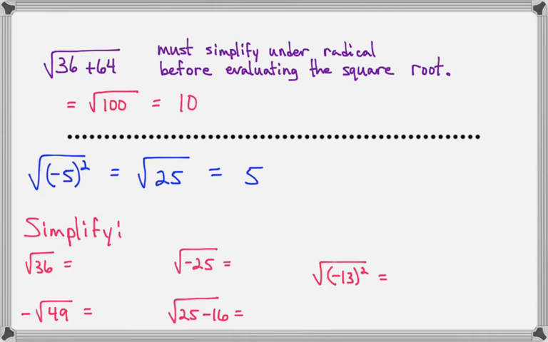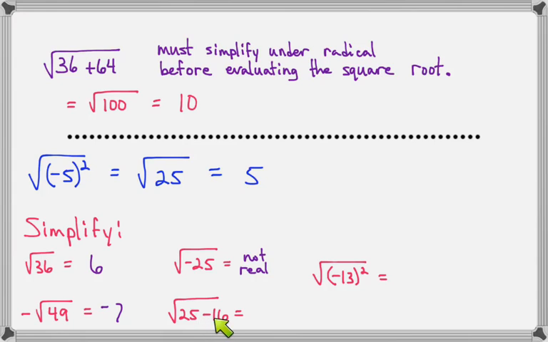And let's do a couple more here. I've got several for us. So the first one, the square root of 36 is 6. And for the next one, the negative square root of 49 is negative 7. See, the square root of 49 itself is 7, but the negative is just sitting there in front. On this one, the square root of negative 25, the negative is under the radical, and we can't have that, so this is not a real number.